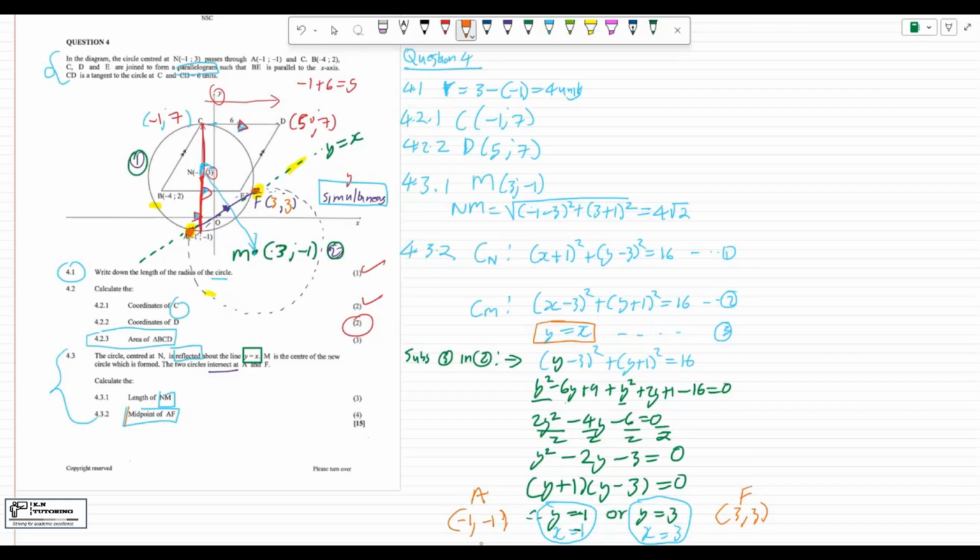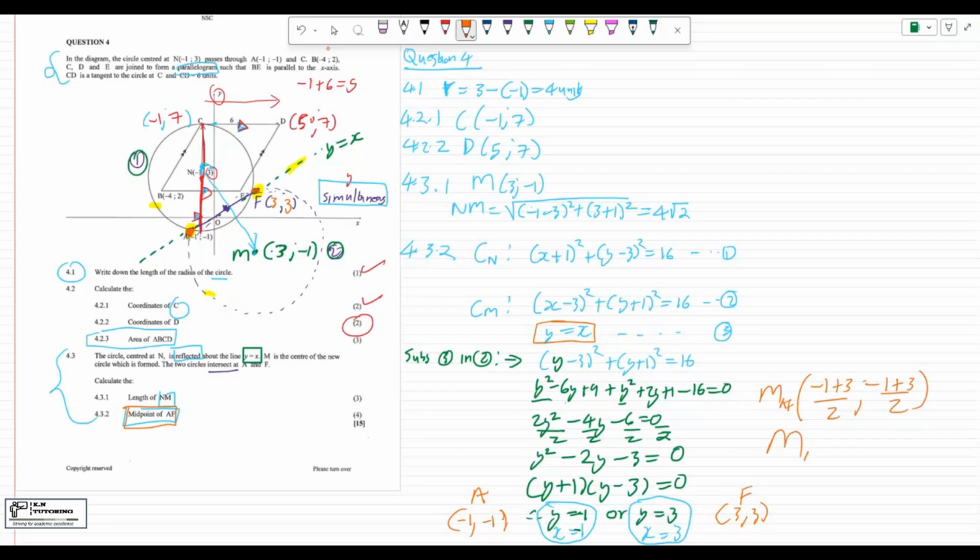Now I can go back and say, for me to find the midpoint, the midpoint of AF is going to be minus 1 plus 3 divided by 2, again minus 1 plus 3 divided by 2.